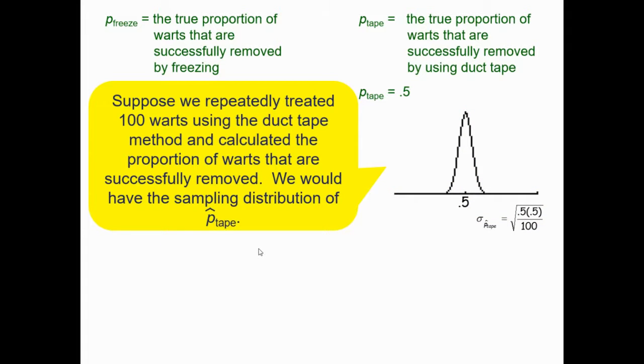So if we do the same thing with duct tape, we treat 100 warts, over samples of 100 over and over and over, then we get the sampling distribution of the proportion from tape. We would have a mean of 0.5 and a standard deviation equal to the square root of 0.5 times 0.5 divided by 100.